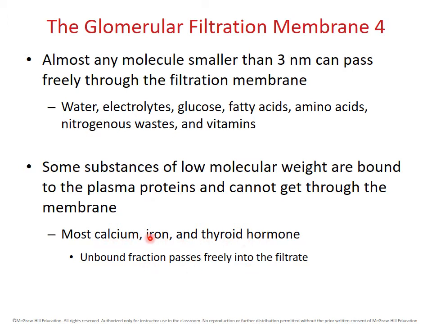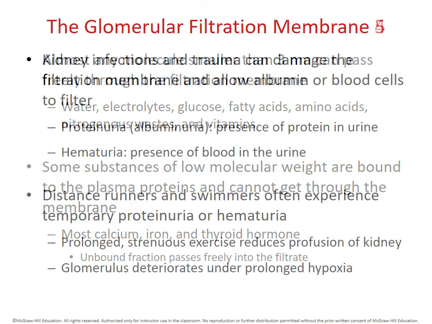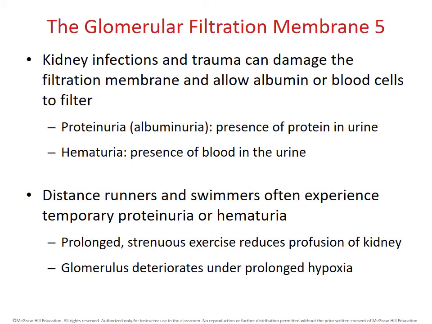And these are things like calcium, iron, and thyroid hormone, all of which are usually transported via some kind of carrier, like transferrin for iron. As I said, normally the filtration membrane doesn't allow things like cells to pass through or large molecules like proteins.